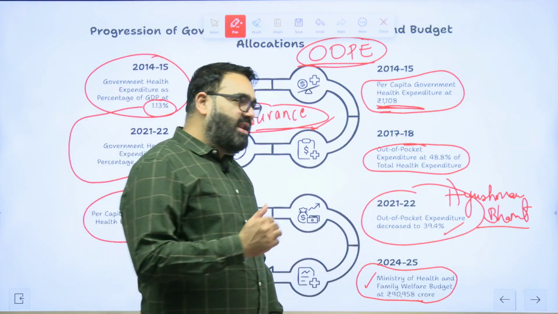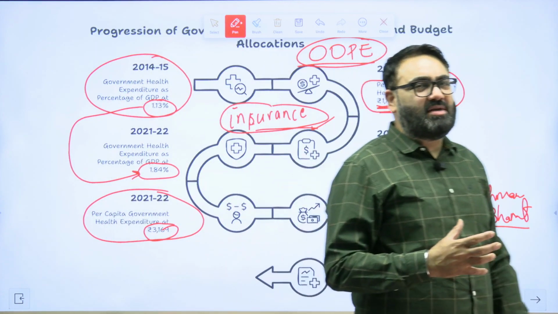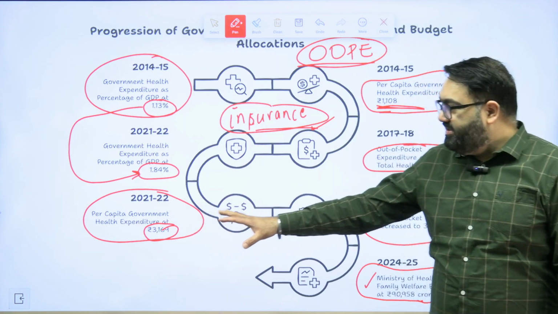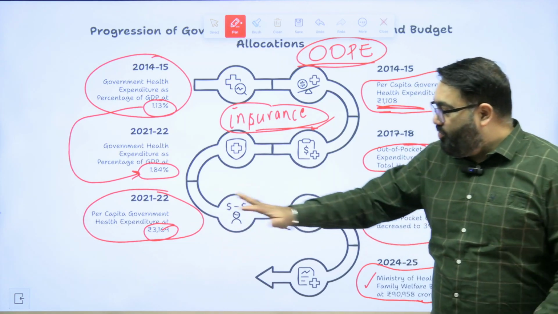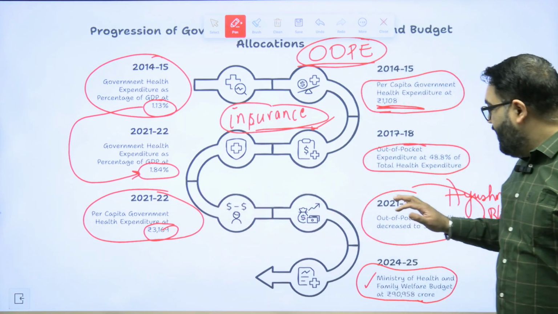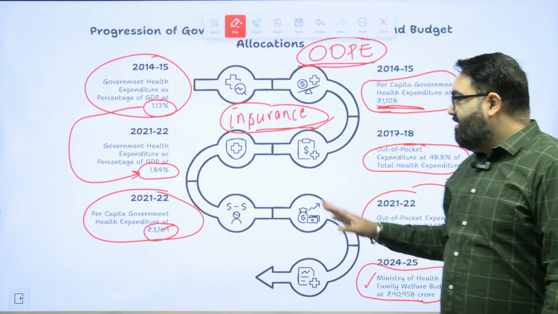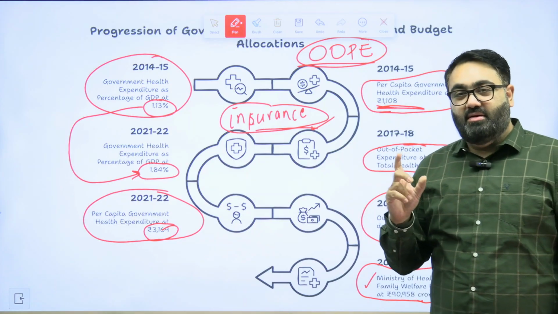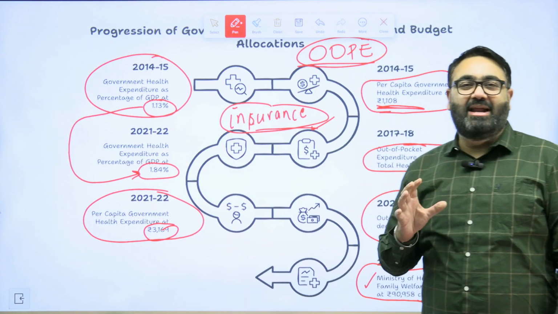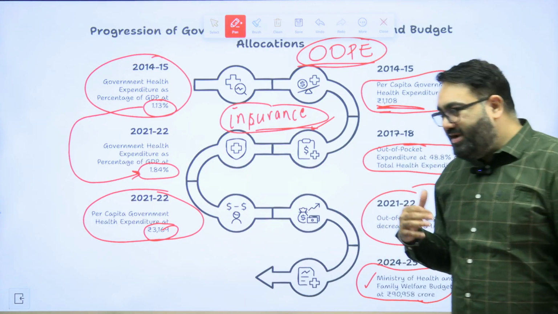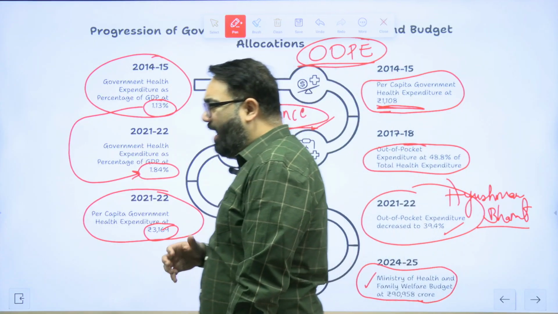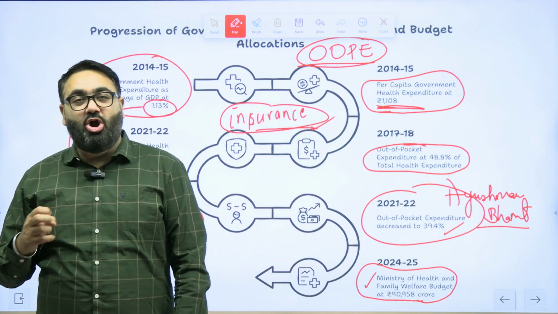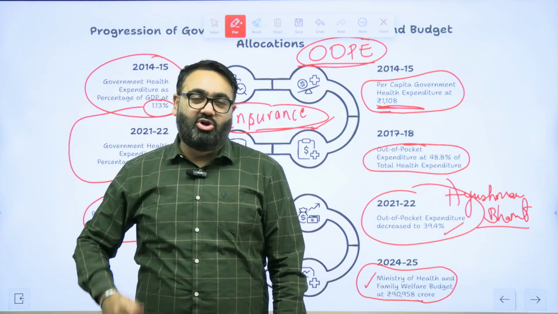So there has been an increasing realization from the side of the government, especially if you see an interesting trend. See the numbers that increased from 2021-22 to 24-25. How is it that the numbers increased? What happened? What happened was the COVID-19 pandemic. When the COVID-19 pandemic hit, governments around the world, including India, realized that they cannot afford to spend less money on healthcare.